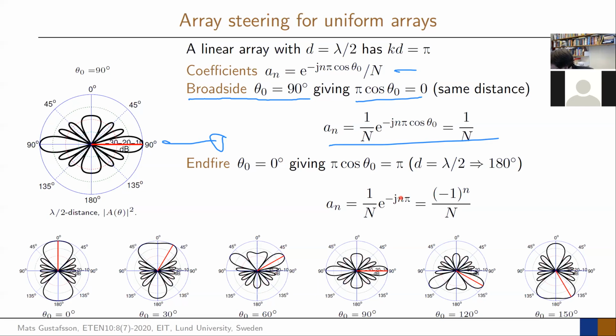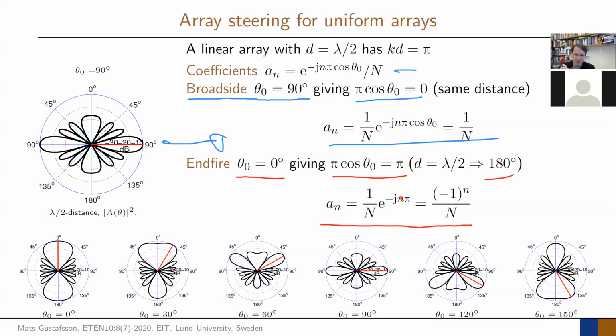If we do the end fire direction, so let's say it should go in the theta equal to 0 direction, then I have to compute pi cosine theta 0, that is pi. I have to put in the distance that I have here, which is lambda over 2, and it says that the phase difference between each element is 180 degrees. I can plug that in, and it says that my coefficients should then be -1, +1, -1, +1.